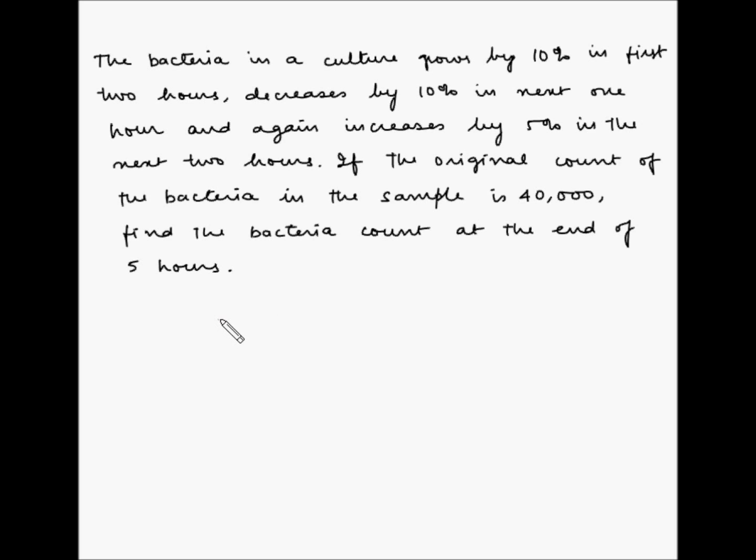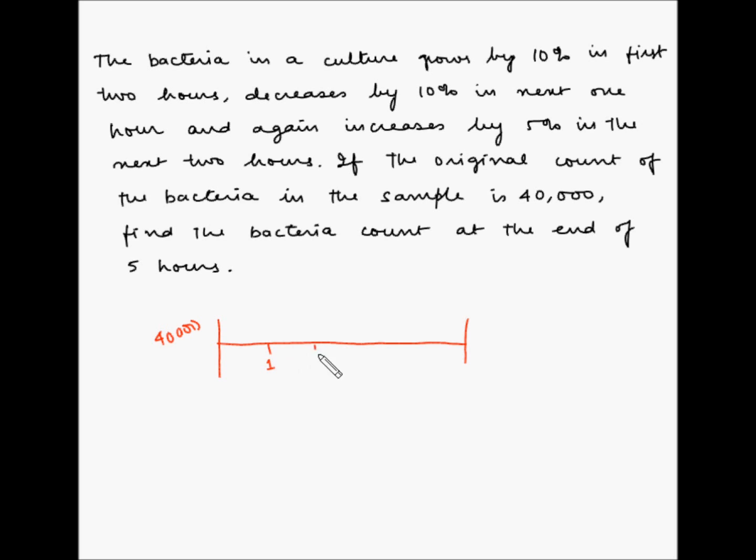So here at the beginning of the duration, the count of bacteria is given as 40,000.